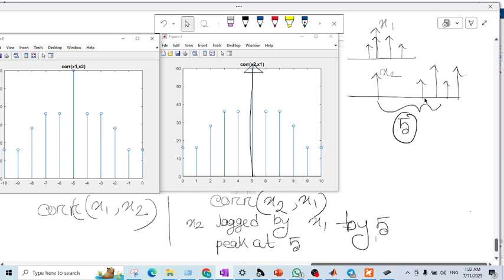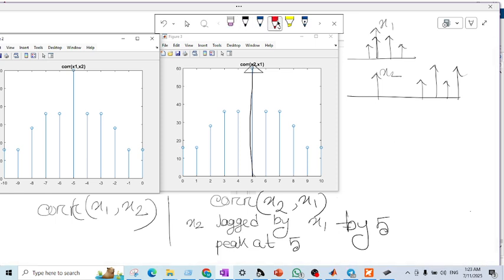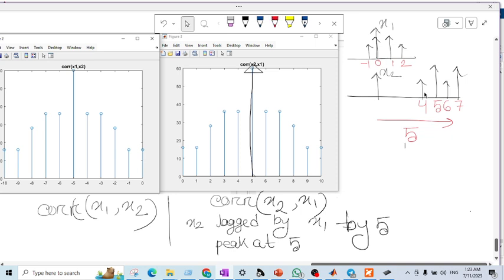You see that this signal starts operation after some time, right? This signal starts from -1, then 0, then 1, then 2, but this signal starts from 4, then 5, then 6, then 7. That means it has been delayed by 5, because this signal is starting after some time, so this signal is lagging. So x2 is lagged by x1 by 5.